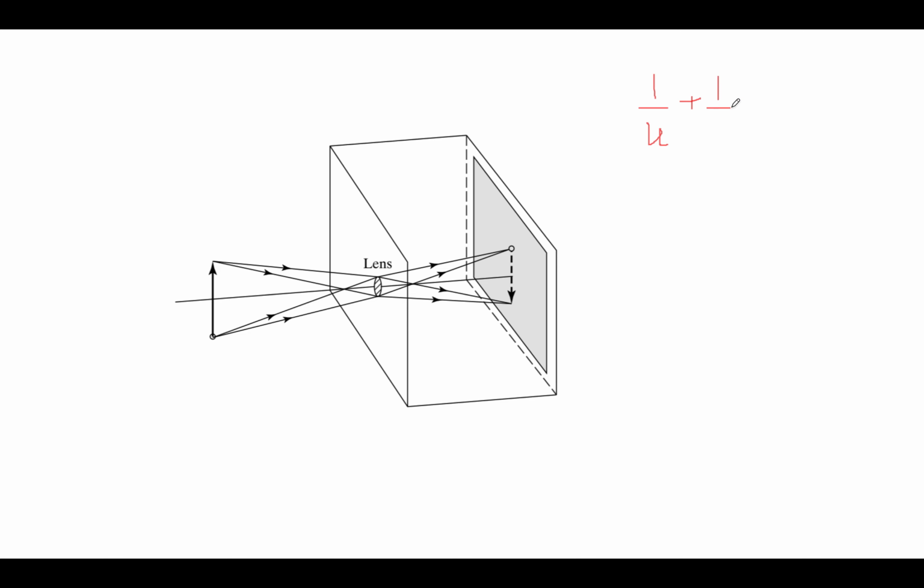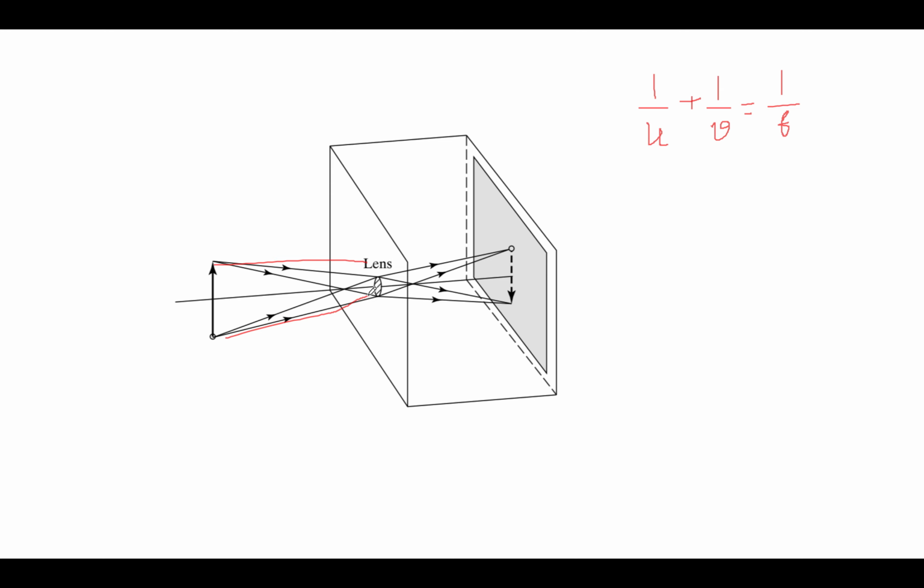And recall the sign convention: anything that is to the left is negative, anything that is to the right is positive. Is 1 over f, right? Once you place a lens, your image naturally becomes brighter and sharper. Why? Because the lens is able to focus all these rays properly. That's the action of the lens.